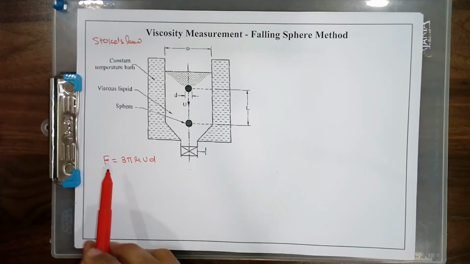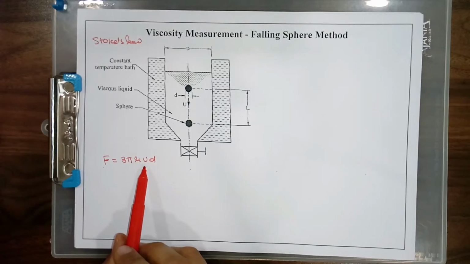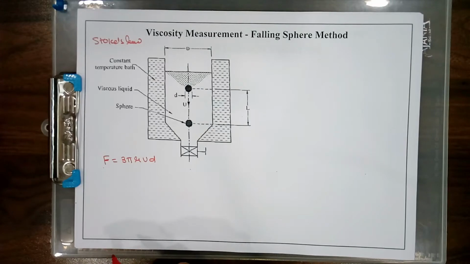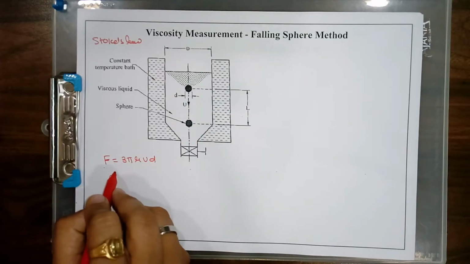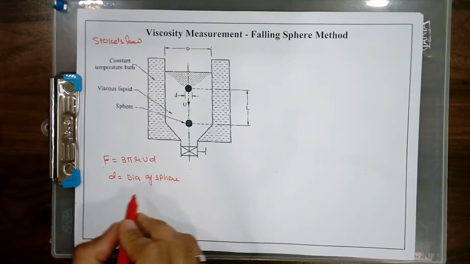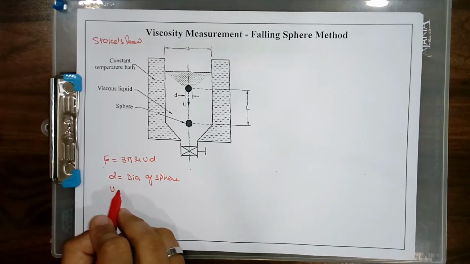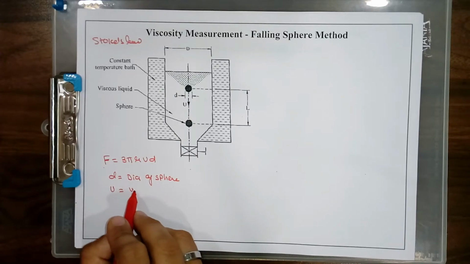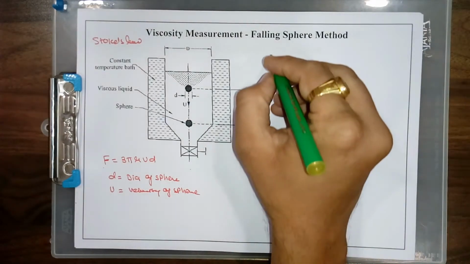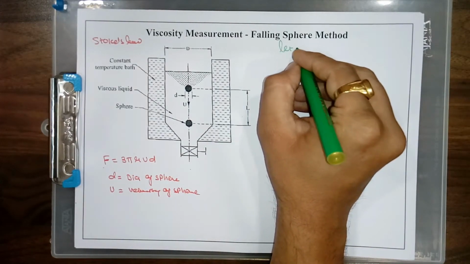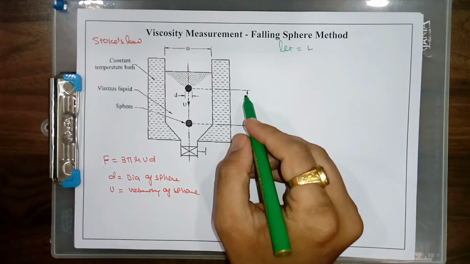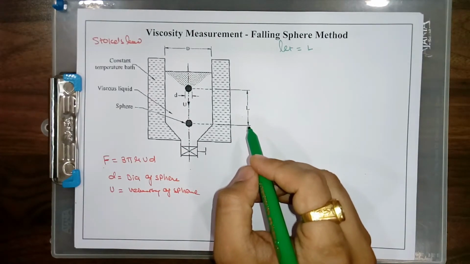Here F is the viscous force, mu is the viscosity, u is the speed of the sphere, and d is the diameter of the sphere. Now students, let us discuss the other quantities. L is the length traveled by the sphere in the viscous liquid.